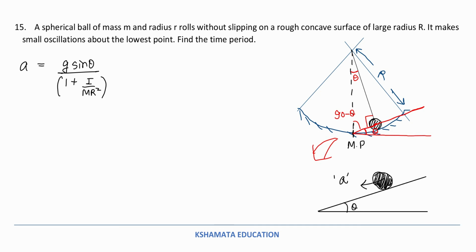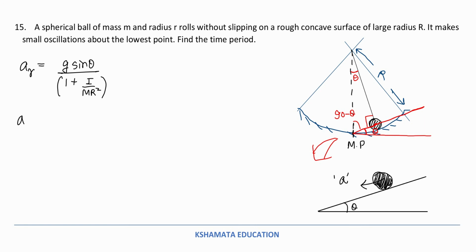So we are using this formulation. We have converted this diagram for our convenience into the rolling down the inclined plane problem, and this acceleration is going to act like a restoring acceleration.